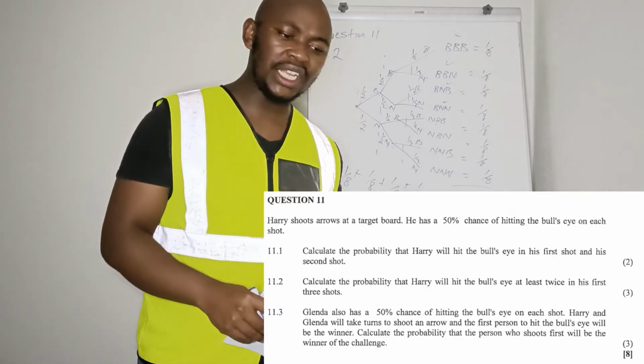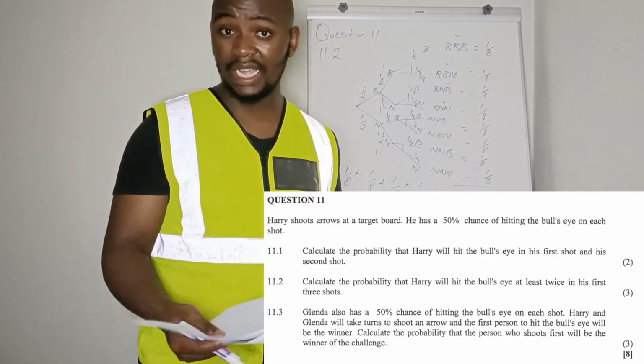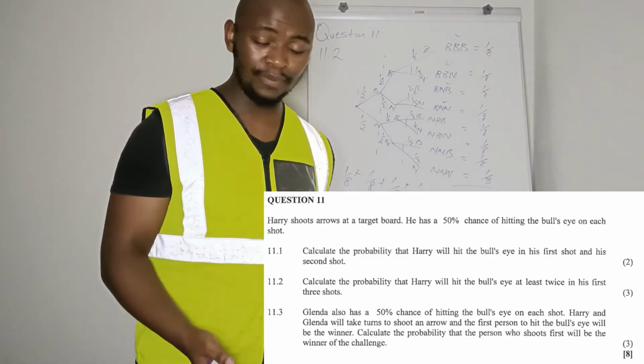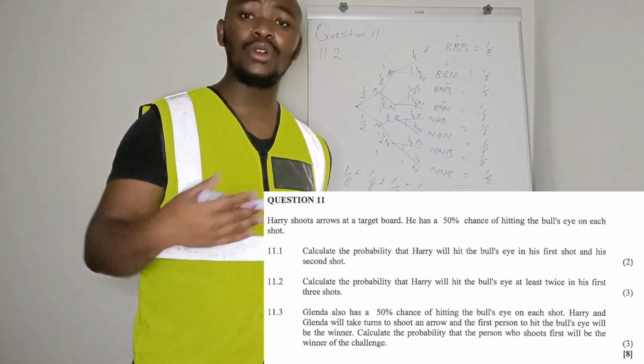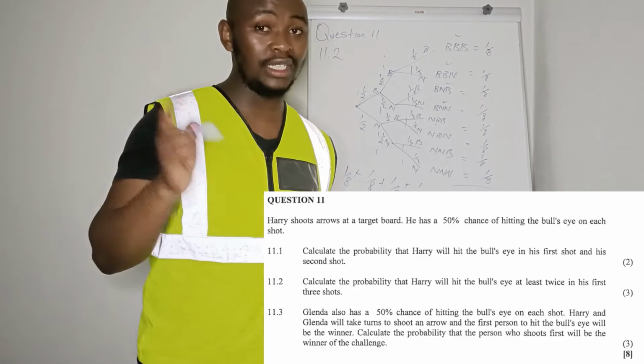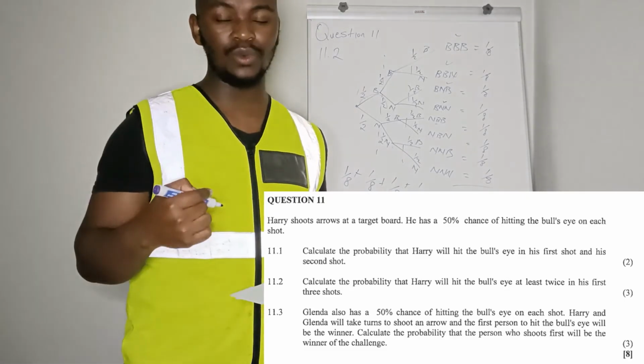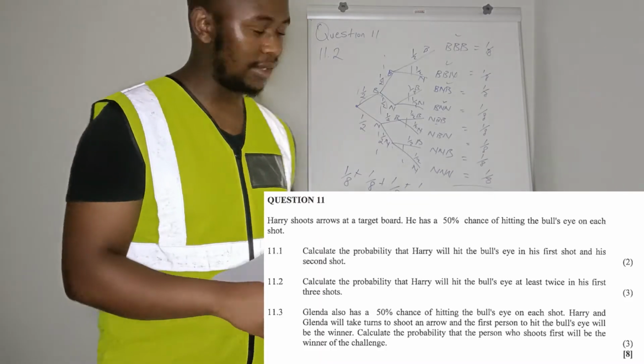So we have to check at each time that they hit the bull's eye. It might not be the first time, second time, or the 100th time, but the game will end when either of them hits the bull's eye. But what is the probability now that it is the first one who actually hit the bull's eye?